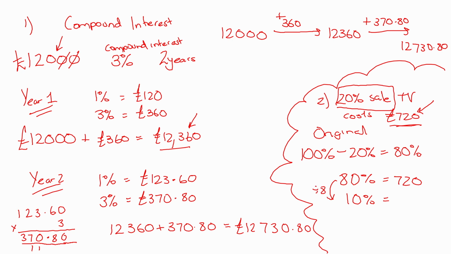I'm going to divide by 8 because what I know is 80%. If I divide this by 8, 8 goes into 72 9 times, the 0 in the end. But what I'm looking to do is to go back to the original, so to times that by 10. So I'll put the pound sign in for my final answer. So the final answer is £900.